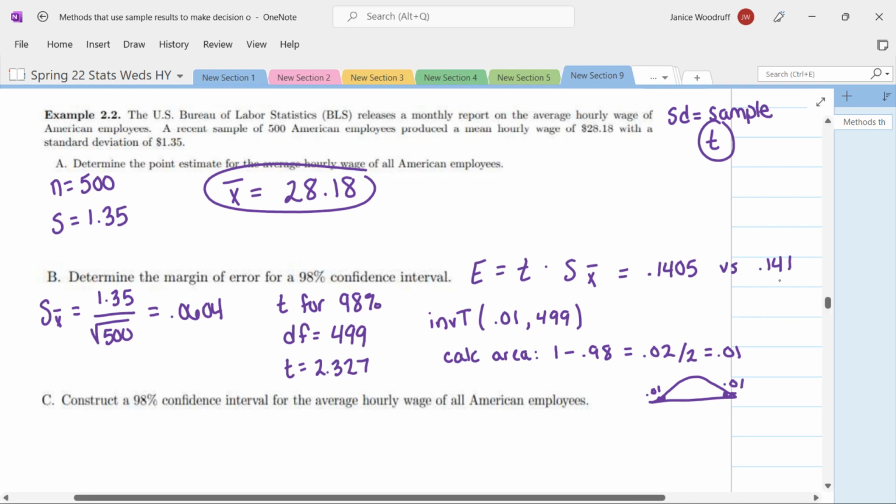So that it doesn't really make much of a difference. The confidence interval gives us 28.18 plus or minus this 14 cents. So that would be 28.04, and then 28.32.